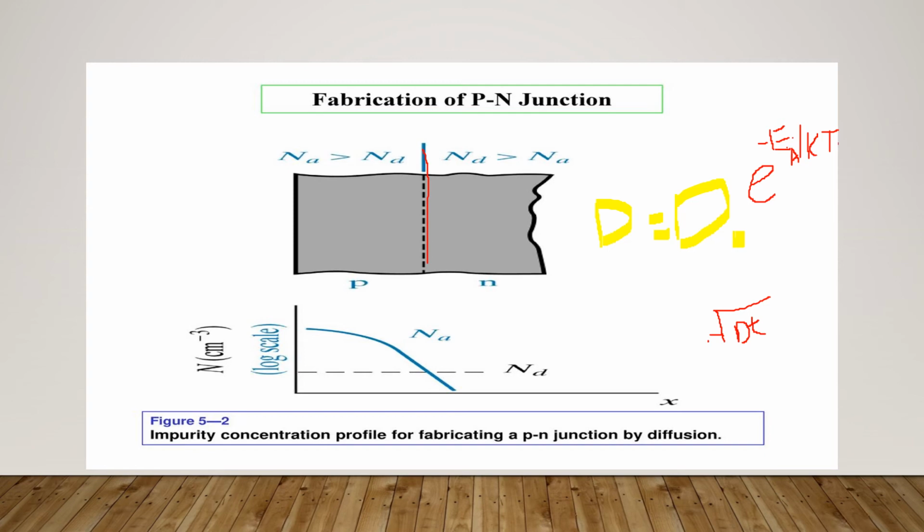To the left of this point, acceptor atoms predominate and the material is p-type, whereas to the right side the donor atoms are predominant and the material is n-type. The depth of the junction beneath the surface of the sample can be controlled by the time and temperature of the diffusion.